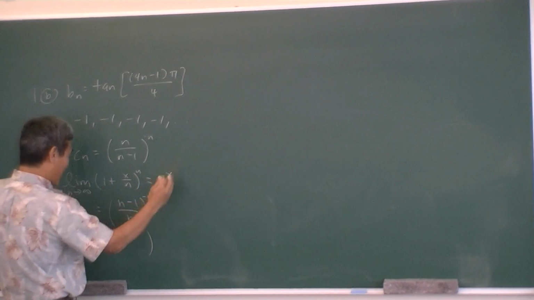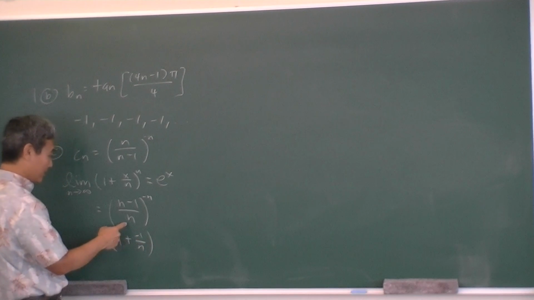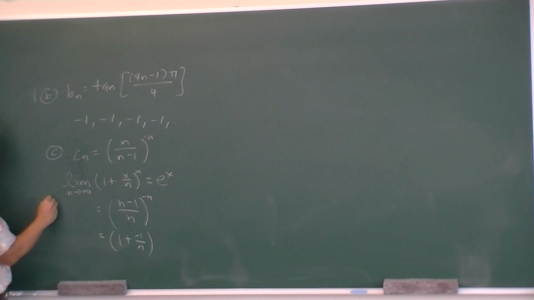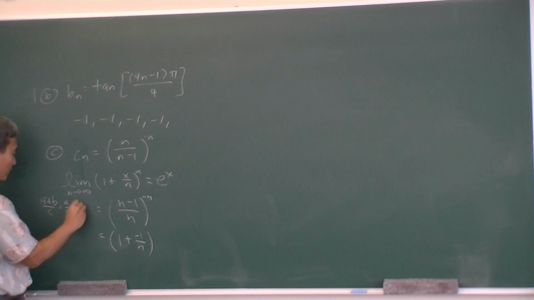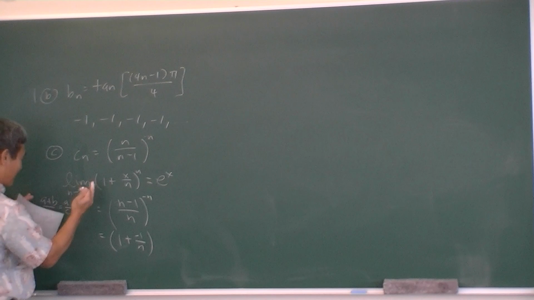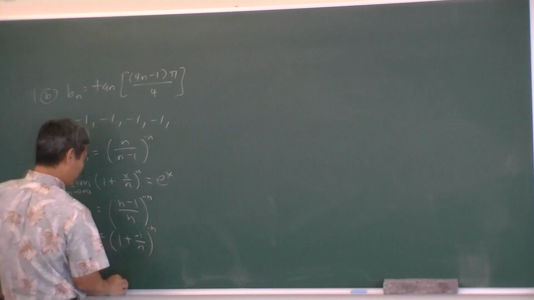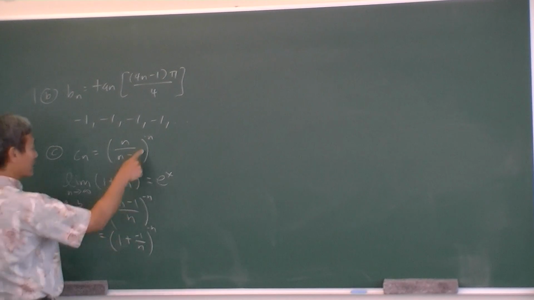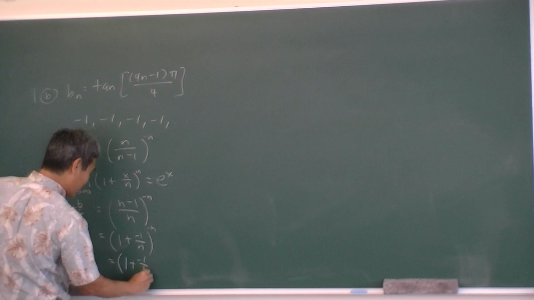You lift and separate: 1 plus negative 1 over n, right? Look, a plus b over c, isn't that the same thing as a over c plus b over c? We call that lifting and separating, to the negative n. And then, is it almost looking like that? Almost, we're almost there: 1 plus box over n to the n.